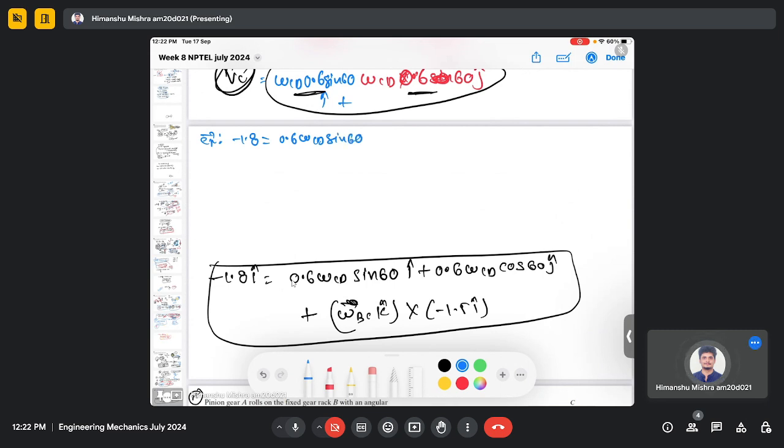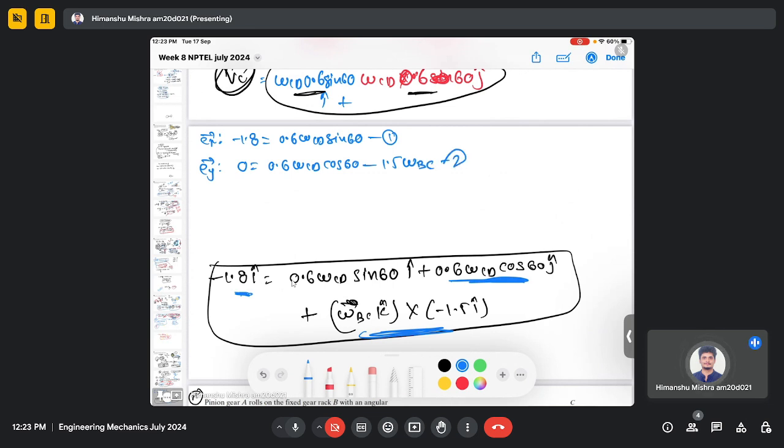That's it. So this is from the x component, and from the y component I can write, so there is no y component at the left hand side, so it's 0 equals 0.6 omega CD cos 60 plus this one minus 1.5 omega BC.